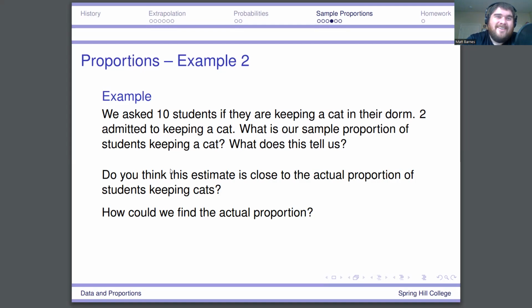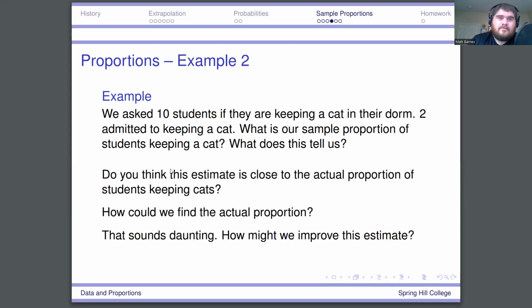Well, there's a couple ways, depending on how brute force we want to be about it. We could ask all of the students instead of just the 10. But just like we saw earlier, there are some issues here. Maybe a student wouldn't want to admit having a cat in their dorm, especially if it's against the rules. So we might get a situation where a lot of people lie here.